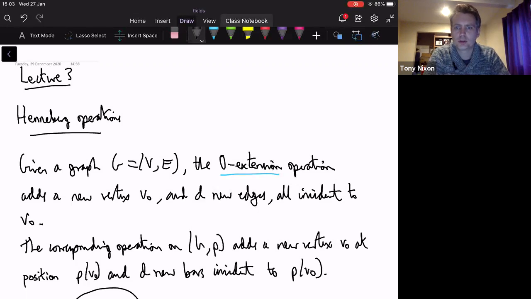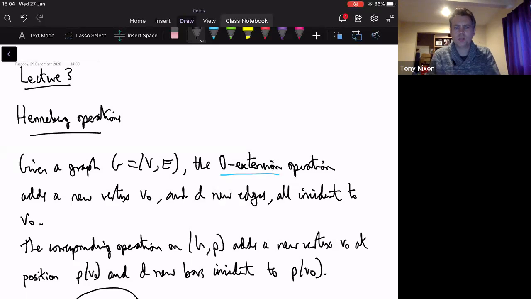So I want to have a combinatorial understanding of which graphs are rigid and which ones aren't. And so that's what we're going to do in this lecture. This is particularly the kind of rigidity that I do a lot in my research. So if I go too fast, please do interrupt. If you have any questions, I'll watch the chat, but feel free to shout out and interrupt as well.